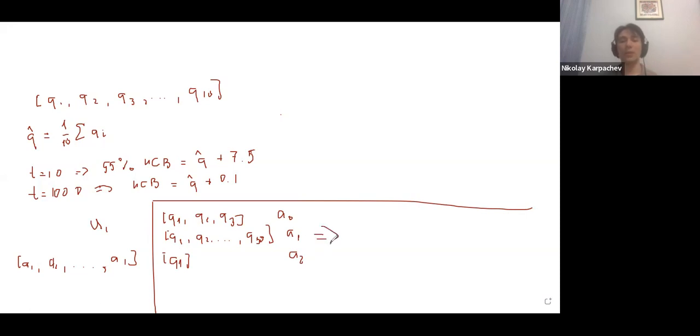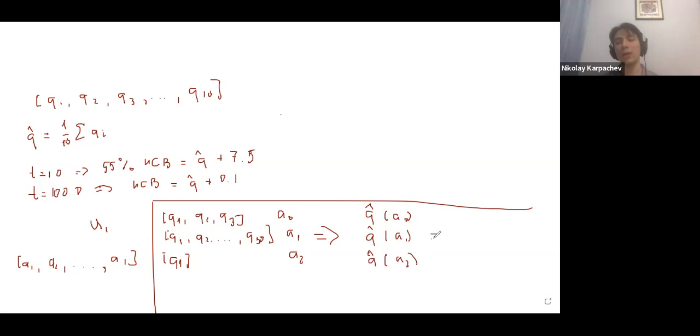We take those vectors of Q values and we average them. So we have Q average for A0, Q average for A1, and Q average for A2, which is simply the only Q. So we have those Q values.